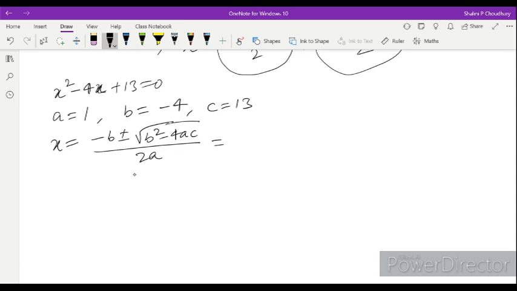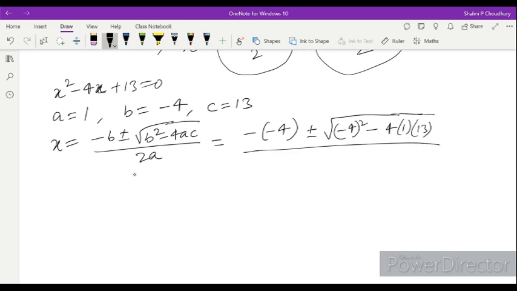Now minus b, so minus of minus 4, plus minus square root of b square, minus 4 whole square, minus 4ac, 4 into a is equal to 1 and c is equal to 13, divided by 2a. So 2 into a, the value is 1.